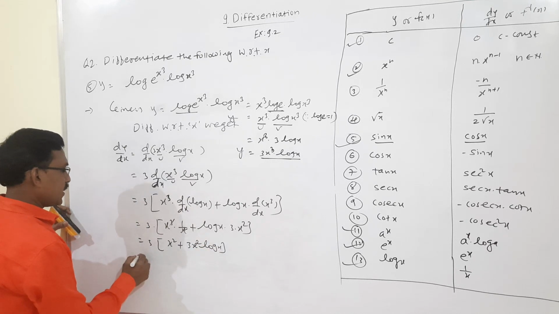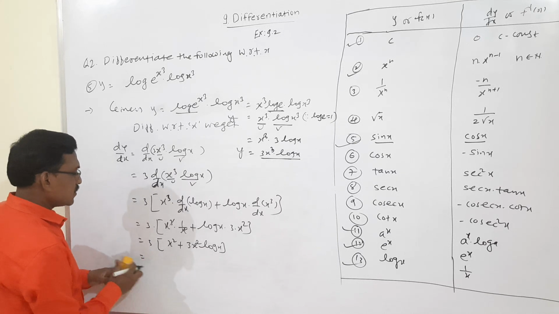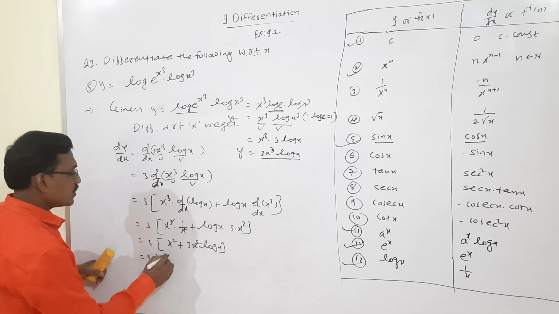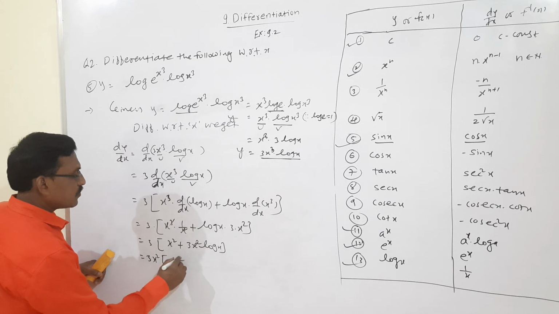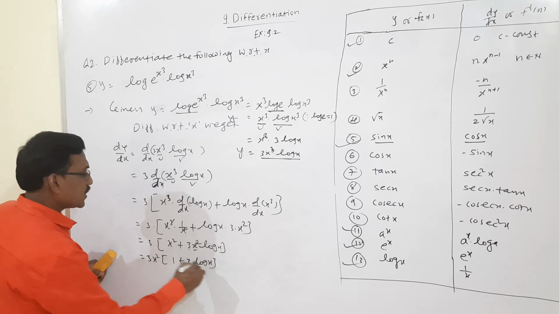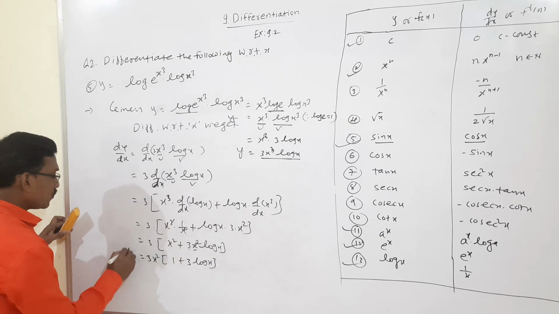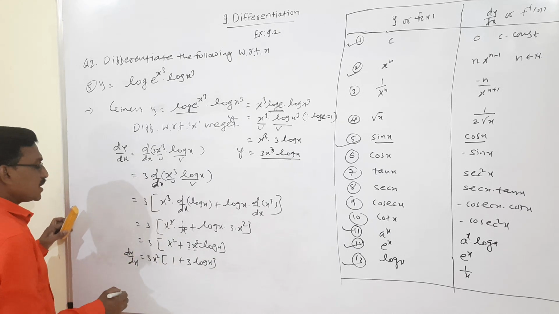So take common x square: 3 into x square into 1 plus 3 log x, and so this is the final derivative of the given function.